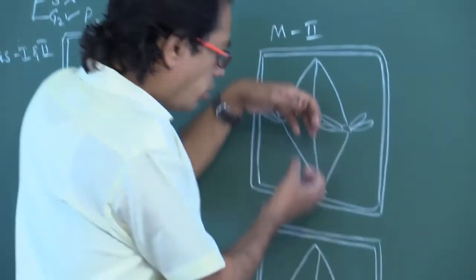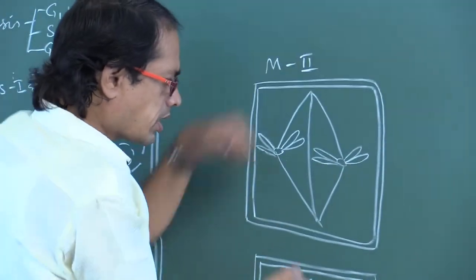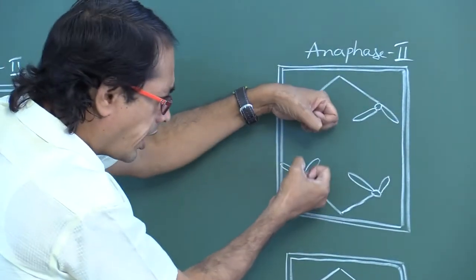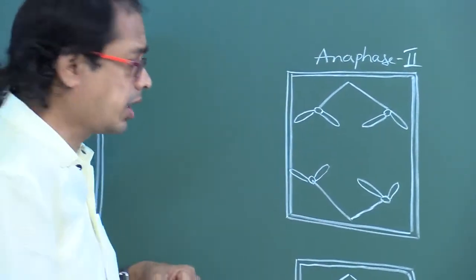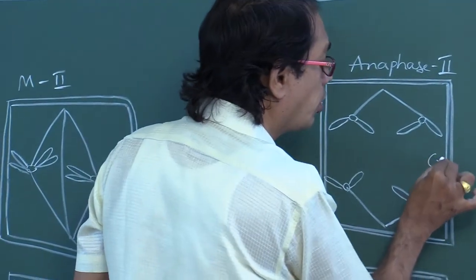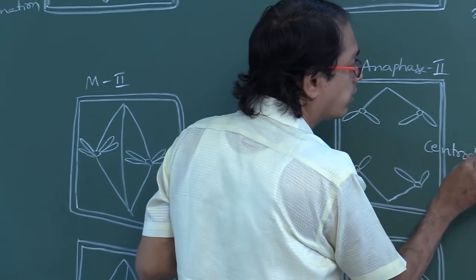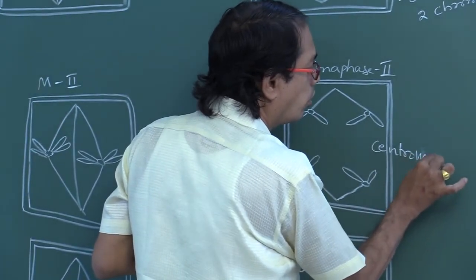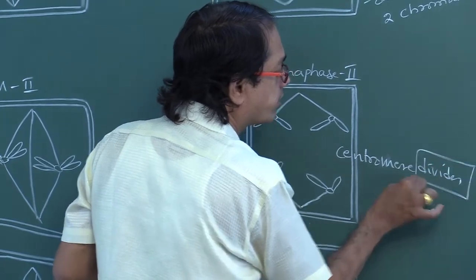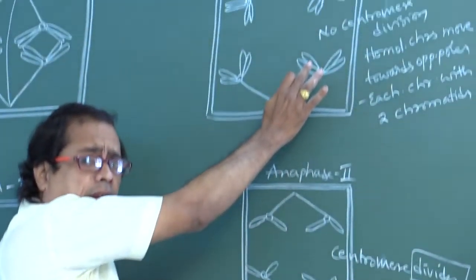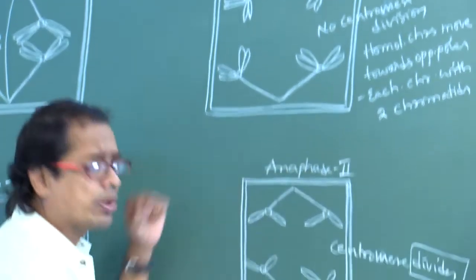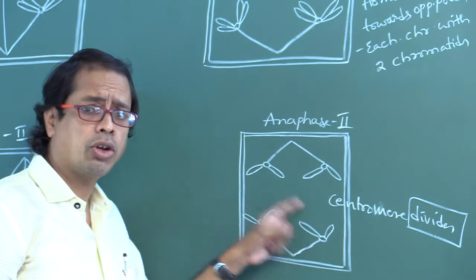Okay. Now contraction of spindle fibers occurs and the centromere divides. This is very, very important. In anaphase 1 there is no division of centromere; here in anaphase 2 there is division of centromere.